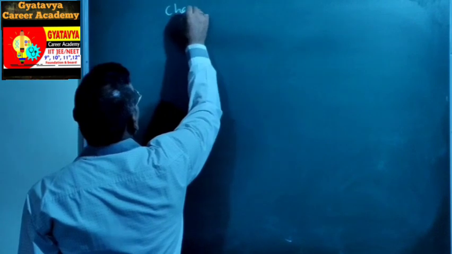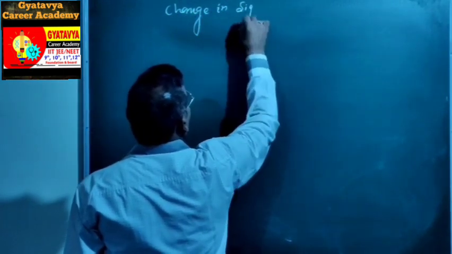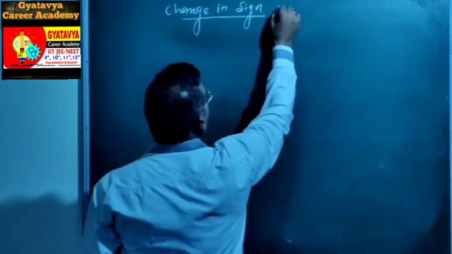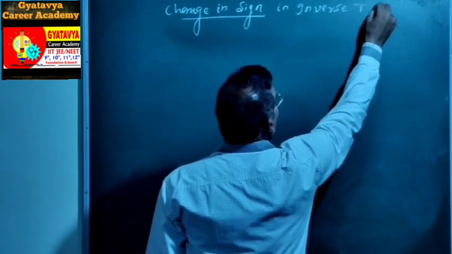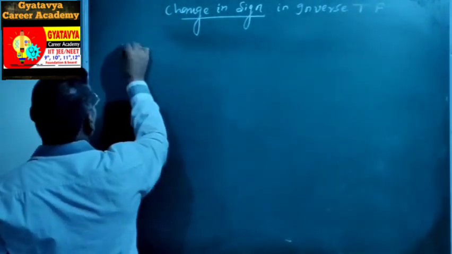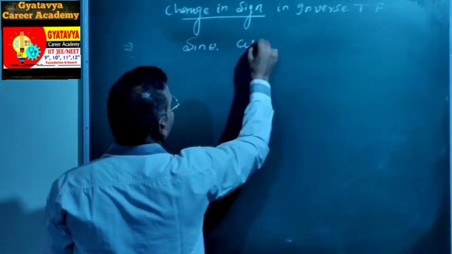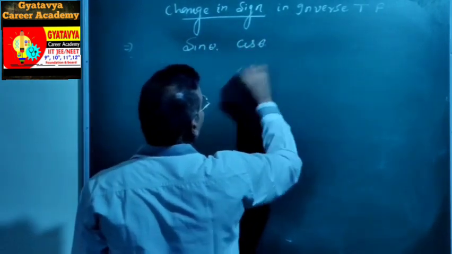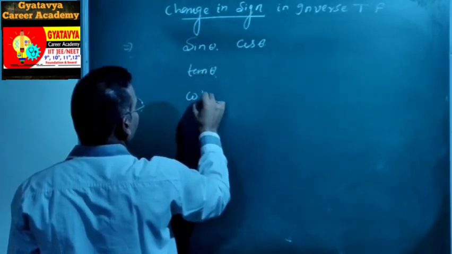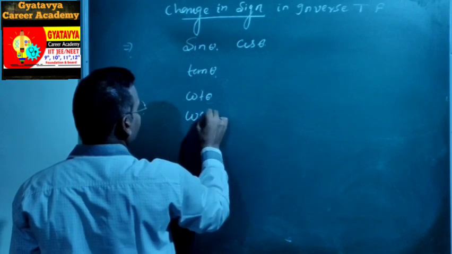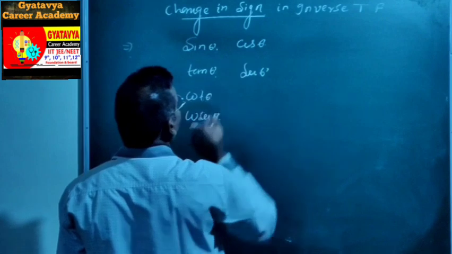Now, change in sign in inverse trigonometric functions. So sin theta, cos theta, tan theta, cot theta, cosec theta, sec theta.